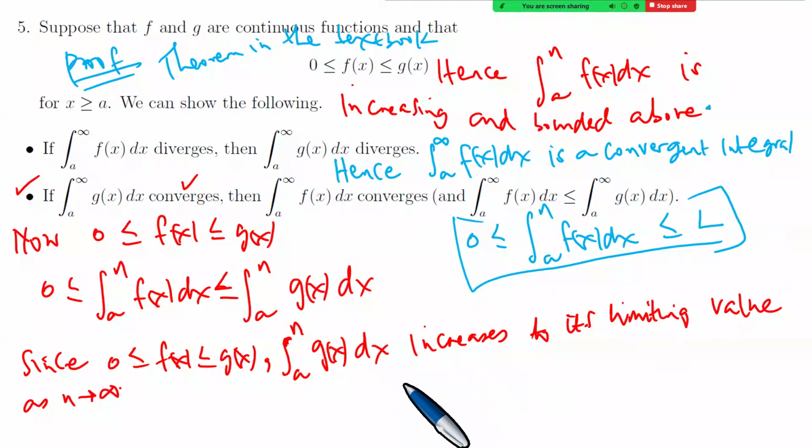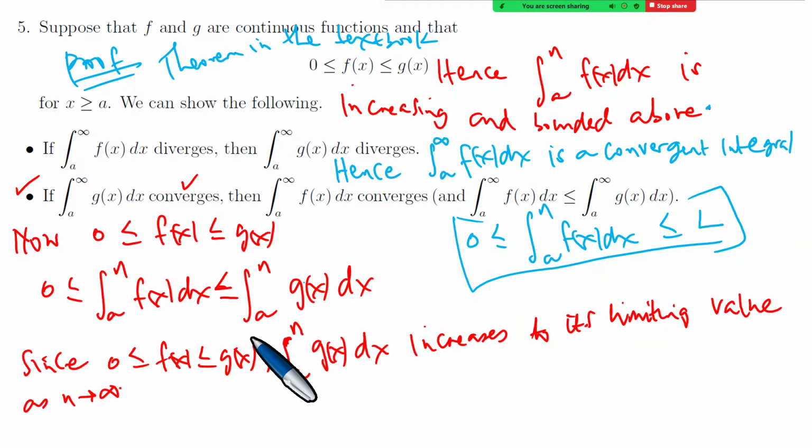What have we done in the second part? To prove this second bullet point, we take the function f as a bounded function between 0 and g. You take the integral both sides. Since f is this, the integral of g of x dx increases to its limiting value as n approaches infinity. Hence, this integral is increasing and bounded above.